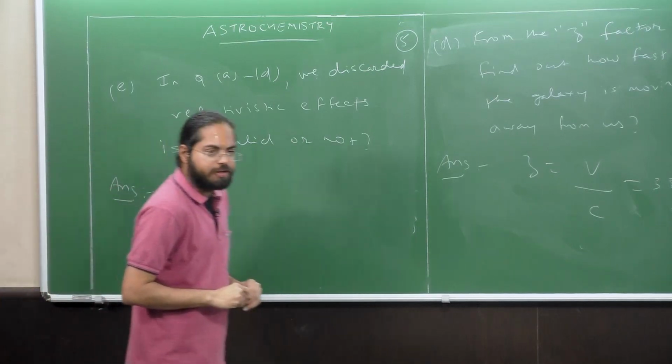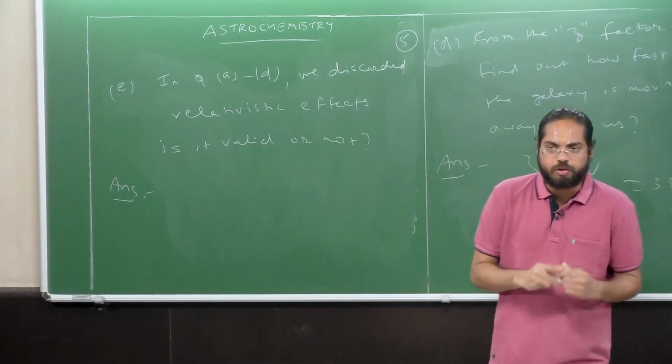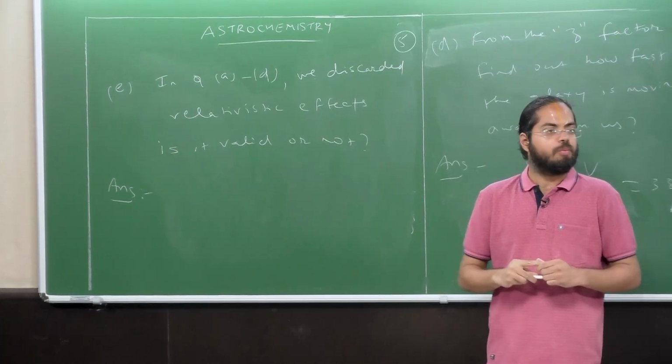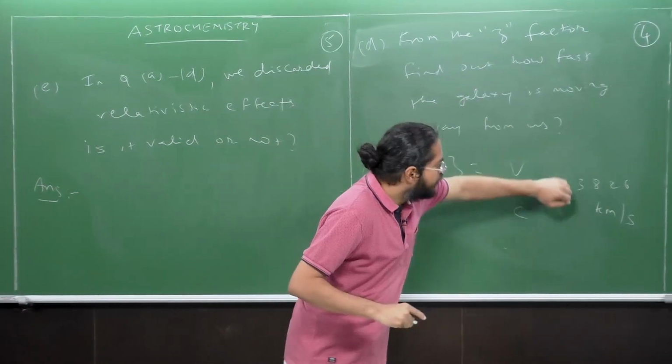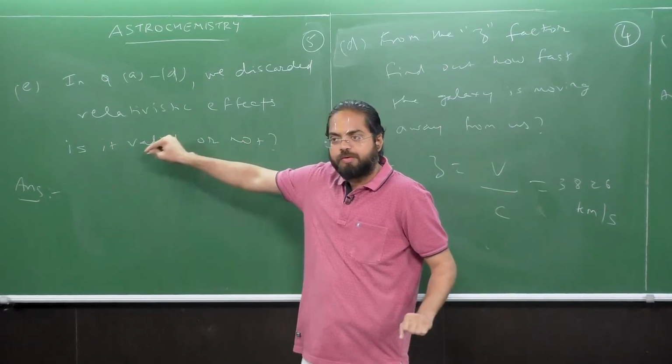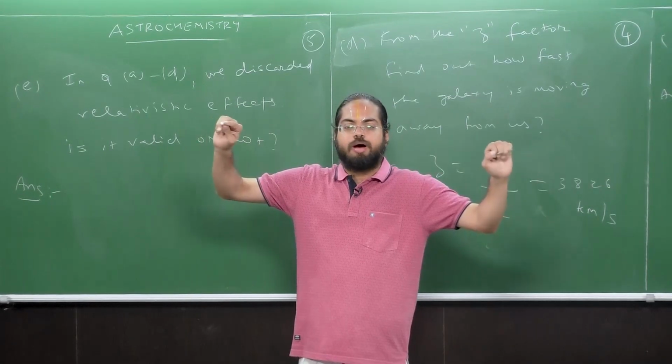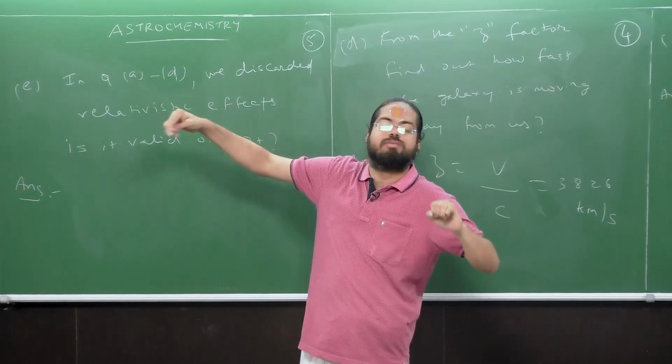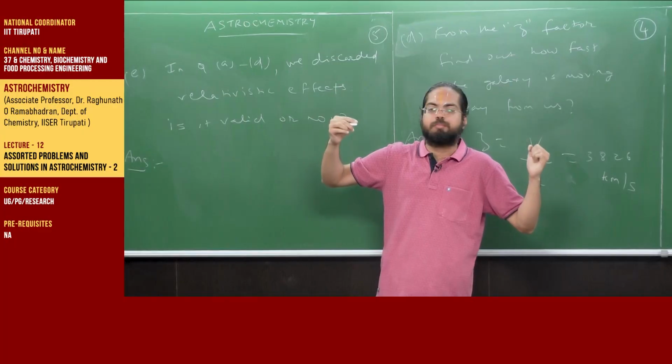What is going to be the answer? Is it valid or not? Now, here, of course, we need to take a look into the answer and then address this issue. When do relativistic effects become predominant and important?